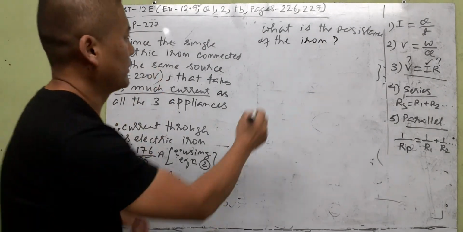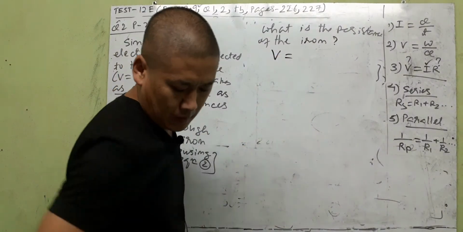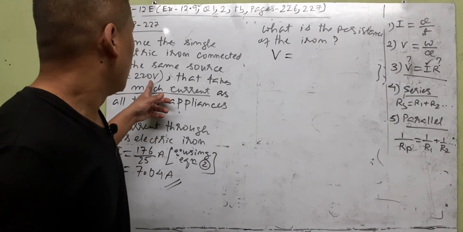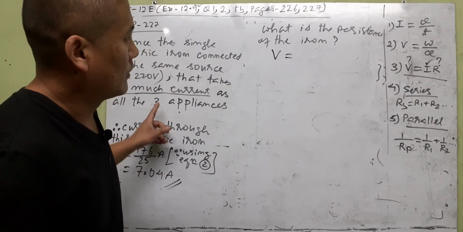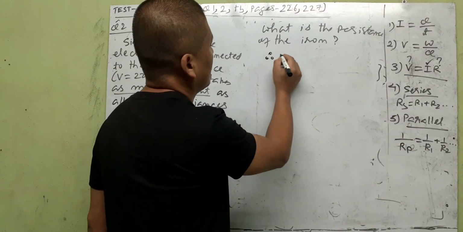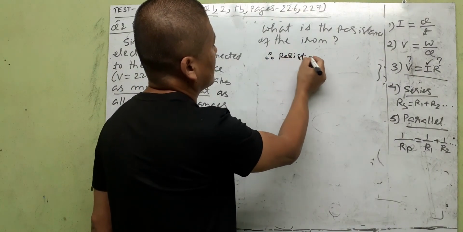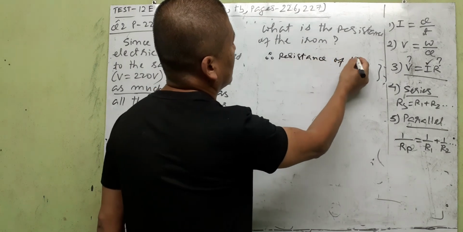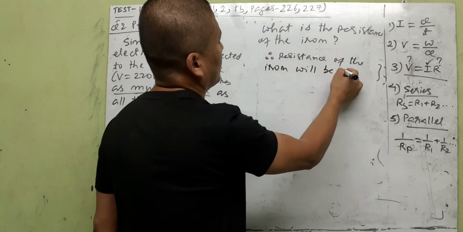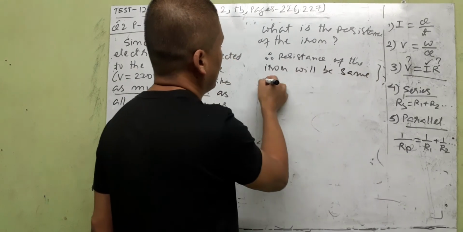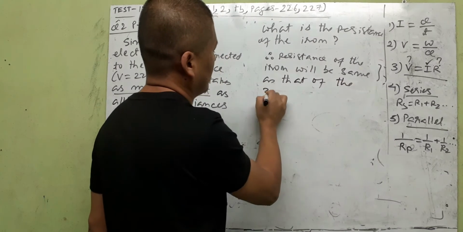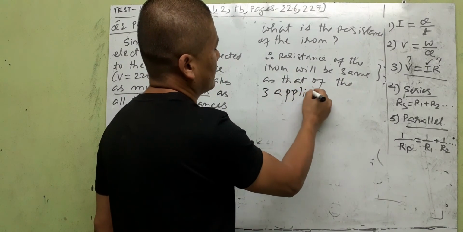Same source, so V equal to 220. Then same current, so you can write here, therefore, the resistance of the iron will be the same as that of the three appliances put together.